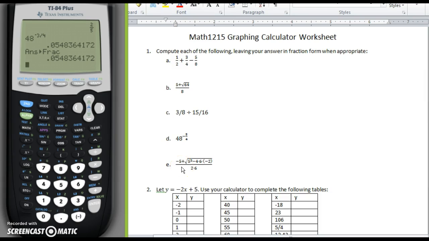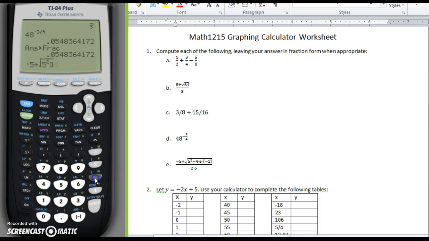Now let's go on to E. For E, we can do the numerator all at once. So we'll do negative 5 plus the square root. And then under the square root, we have 5 squared. To square something, you can just use this x squared key.